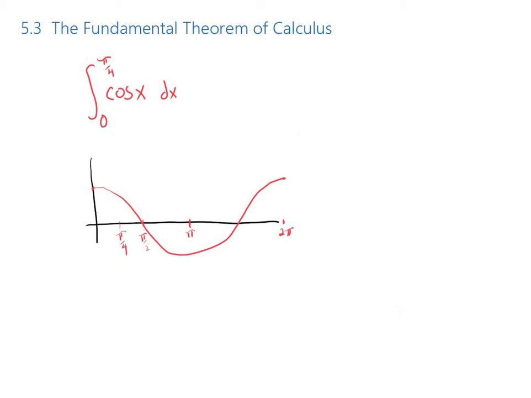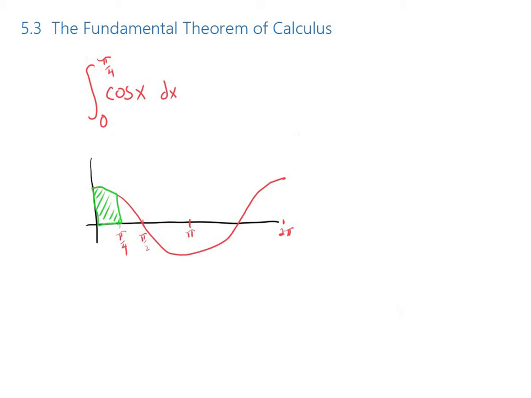And there's nothing wrong with using your graphing calculator, of course, to help you figure that out. But the area that we are trying to find looks about like this. We're trying to find this area under cosine from 0 to pi over 4.